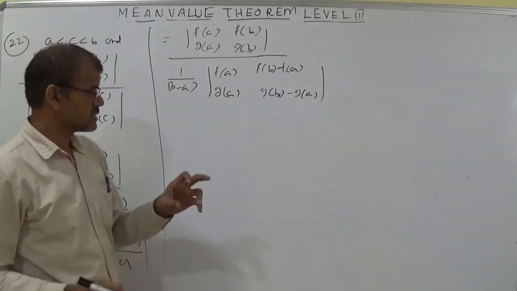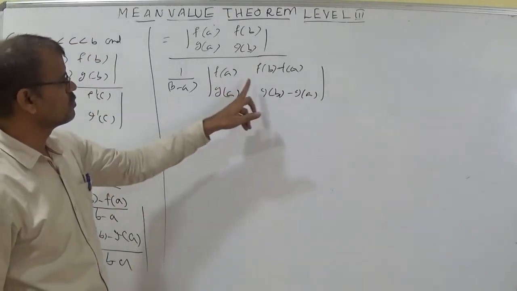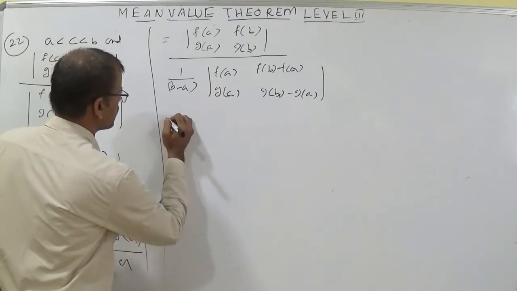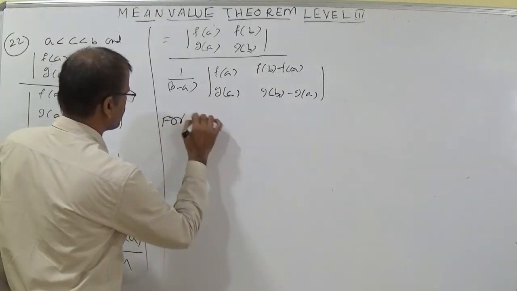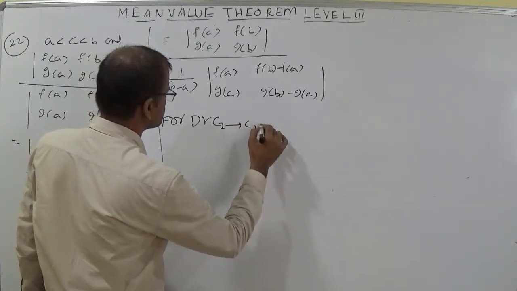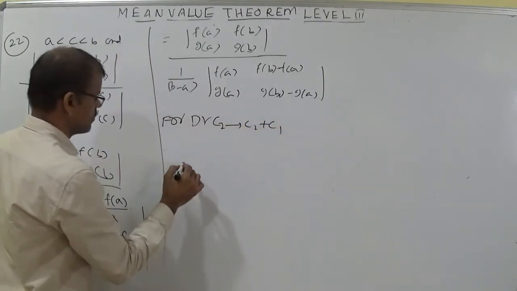Let us discuss properties of determinant. C2 changes to C2 plus C1. Next, for the denominator, column 2 changes to C2 plus C1.